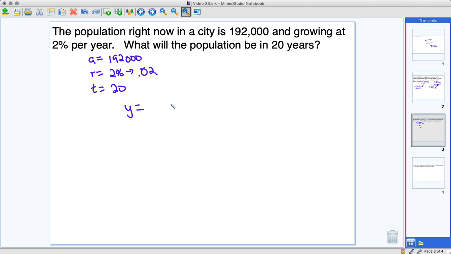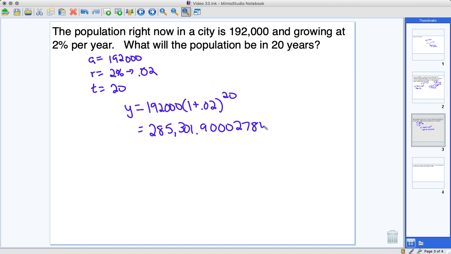So then I write it out: 192,000 times (1 plus 0.02) raised to the 20. Then type it all into your calculator, and we get 285,301.90027844.